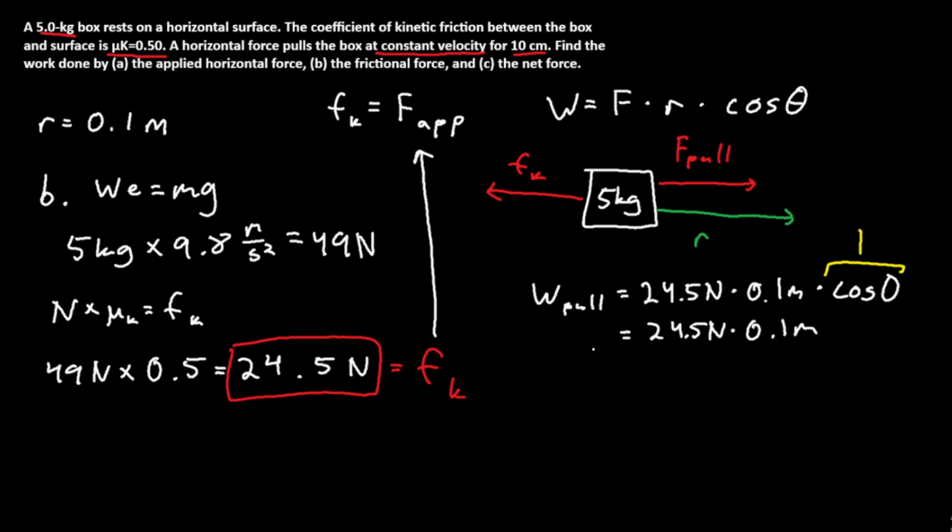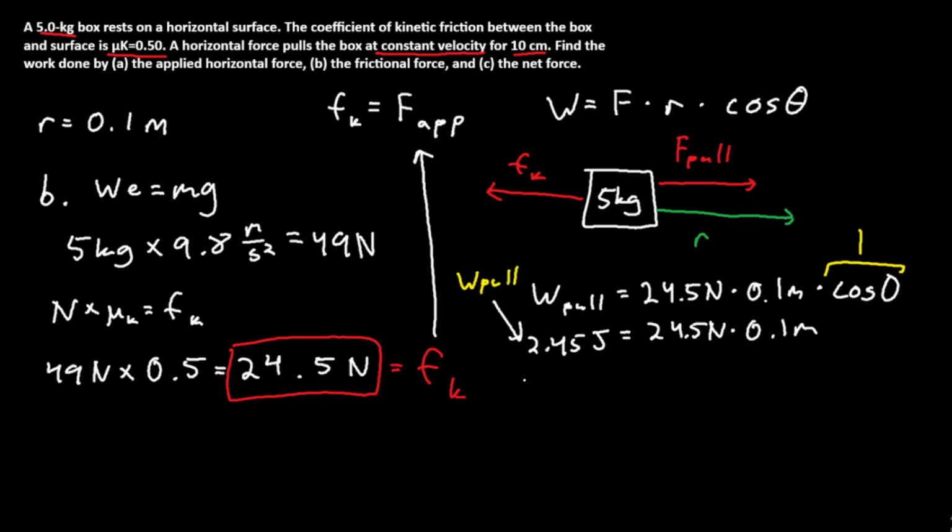Multiply these together and you just get 2.45 joules. This is the work for pull, W pull.